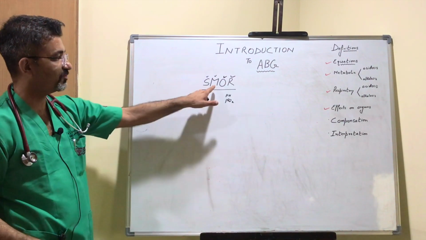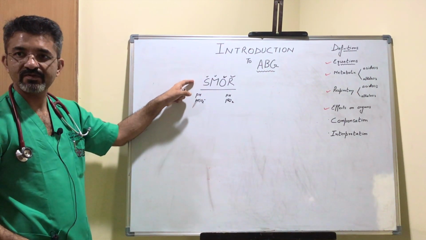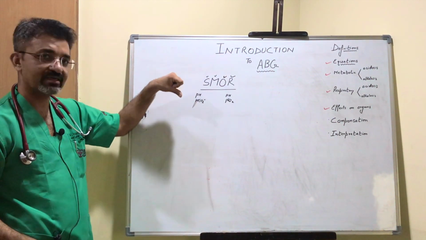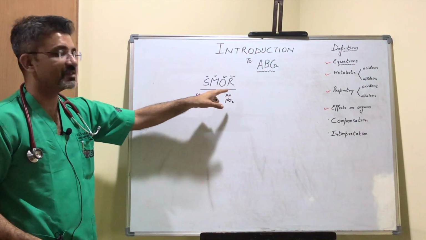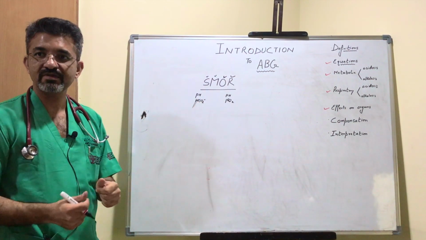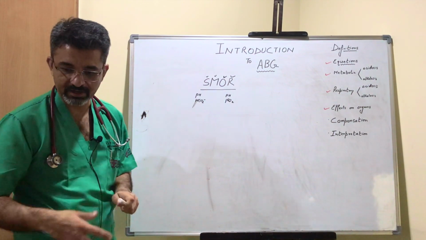In metabolic, pH and HCO3 move to the same side. If pH is getting high, HCO3 will get high. If pH is getting low, HCO3 will get lower. The opposite is there with respiratory pathologies, wherein pH and PCO2 move exactly opposite to each other. This is known as SMORE.